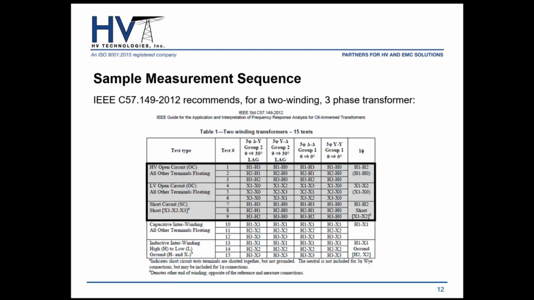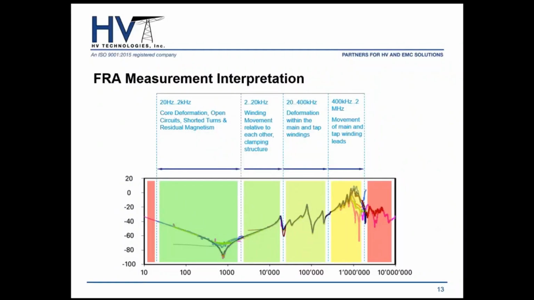Once you run a test and do your sequences, you'll start seeing results very similar to this curve that's on the screen right now. Depending on the frequency, there will be different responses. Different parts of the transformer will start responding to the voltage signal that's being injected.